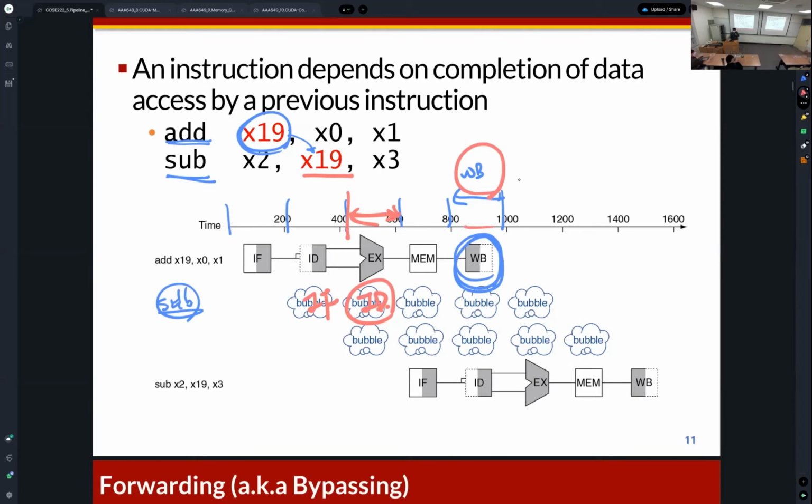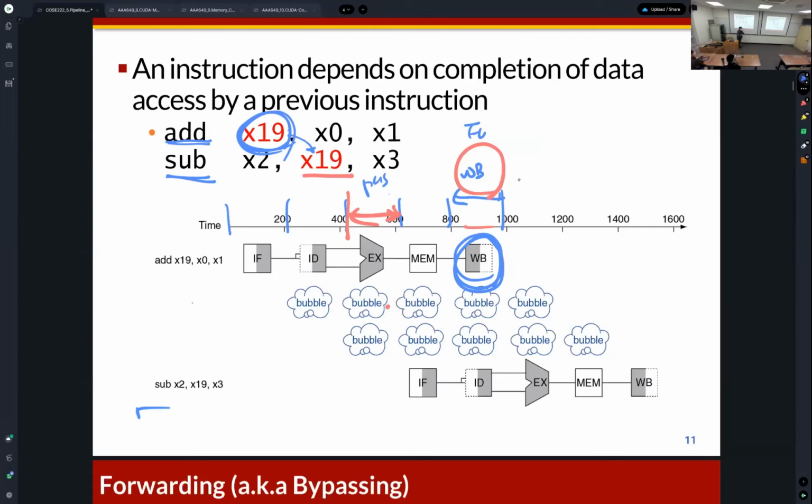So this is the future and this is the past. So actually, this sub instruction cannot receive data from the future, right? So what does that mean? The sub instruction needs to wait until this data is returned back to the register file.